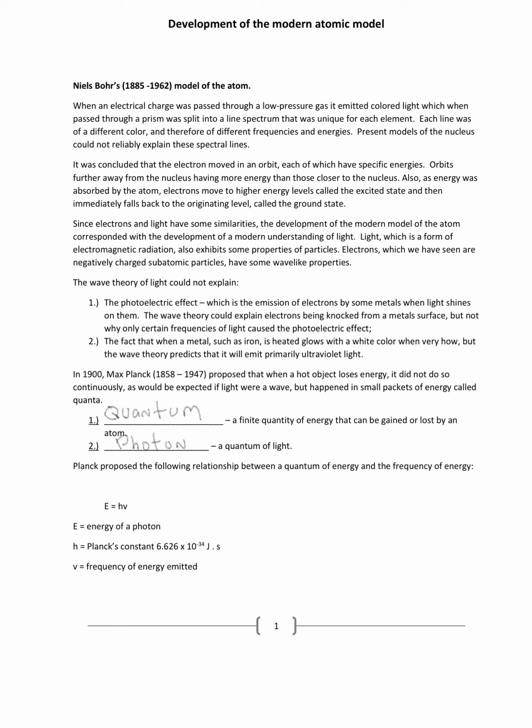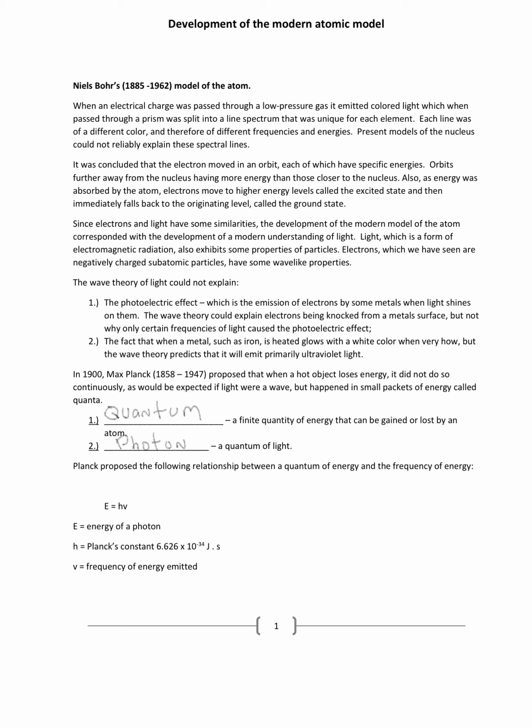Since electrons and light have some similarities, the development of the modern model of the atom corresponded with the development of the modern understanding of light. Light, a form of electromagnetic radiation, also exhibits some properties of particles. Electrons, which we have seen are negatively charged subatomic particles, have some wave-like properties.